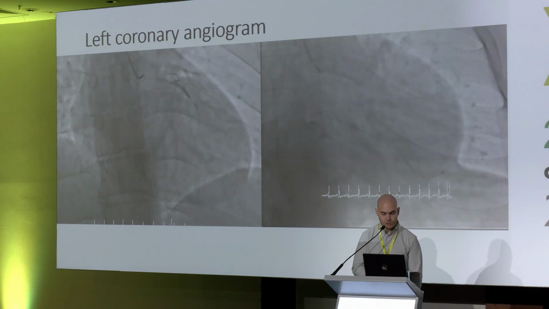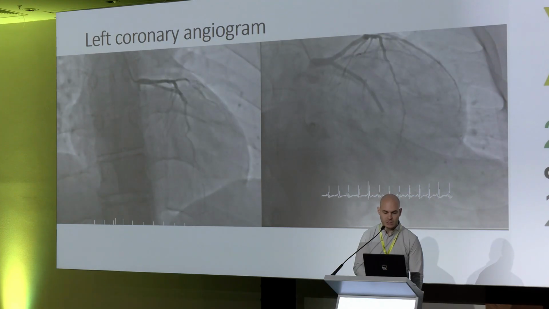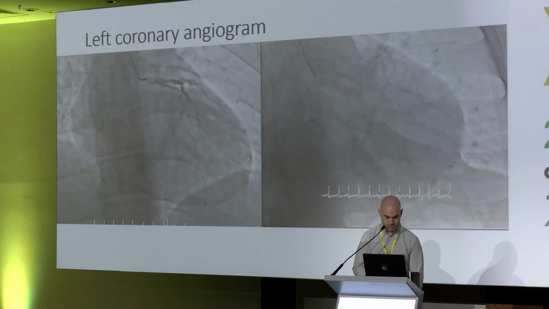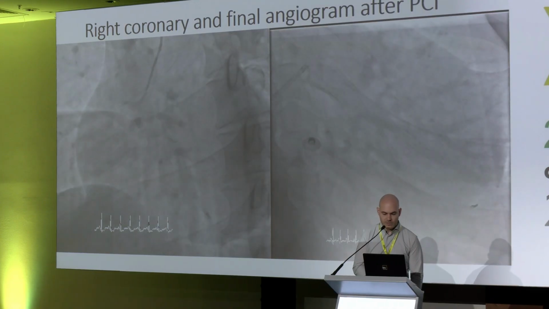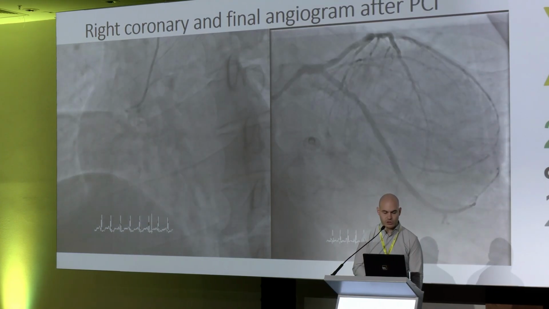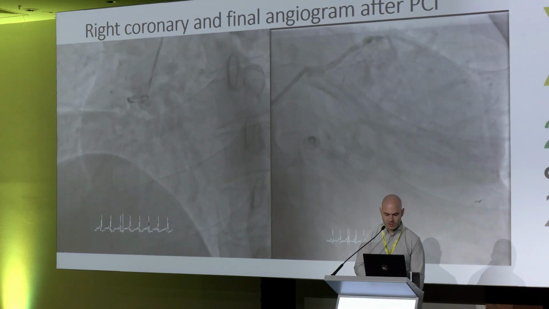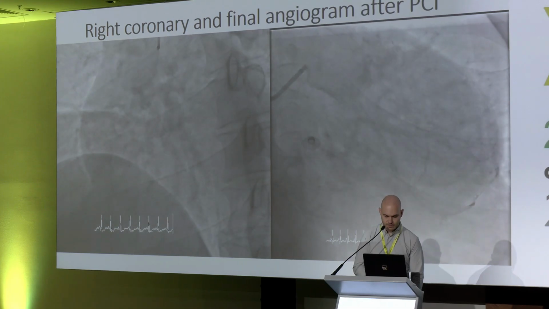What you can also see is that this patient has an occluded RCA with collaterals through the septum, and this is the RCA. What we did was fix the left circumflex, which is actually a very large obtuse marginal, second obtuse marginal branch, with 2 stents. And this is the final result.